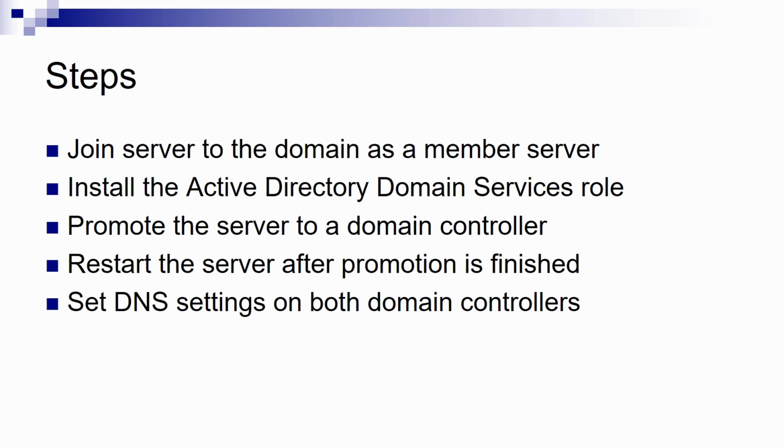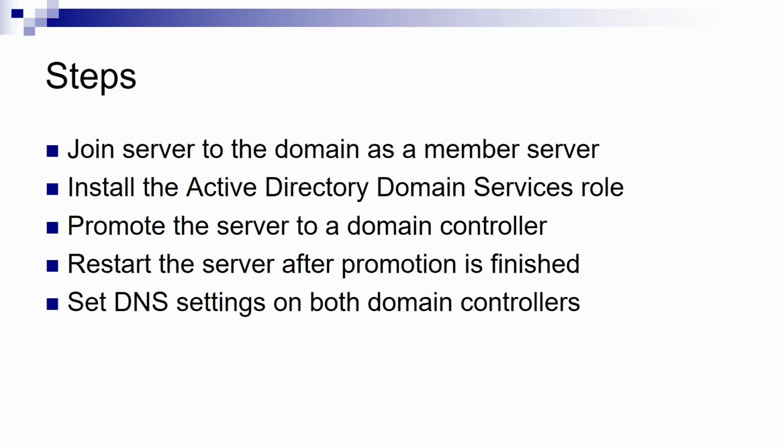Promote the server to a domain controller, also with PowerShell. Then of course we have to restart the server, and the last thing that we have to do is set DNS settings accordingly, because now we have two DNS servers. We have to set the DNS settings on both domain controllers so they use each other as DNS servers.